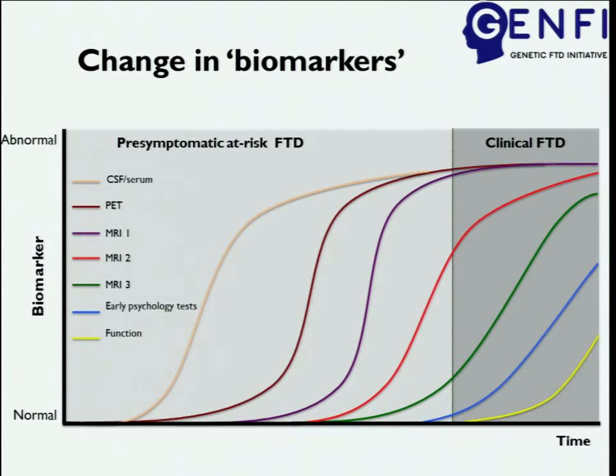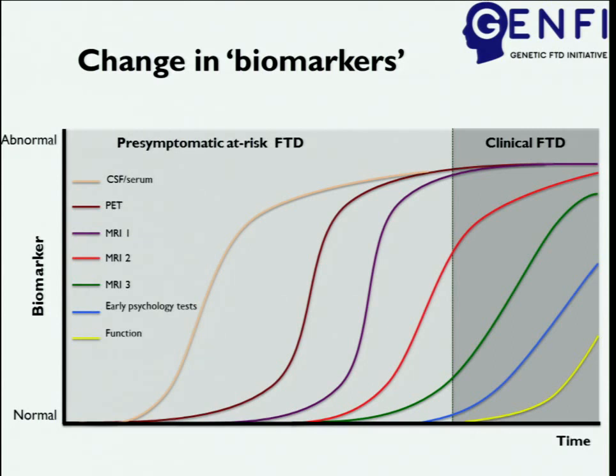That's going to be measuring that change in the abnormal protein. And the same in the PET scans. We think that the PET scans are showing us change of the abnormal protein deposited. And then there are a variety of different MRI types that show us changes of brain atrophy. And then we see this change in the psychology tests. And then, of course, over time, people develop problems functionally and develop their behavioral and language symptoms.